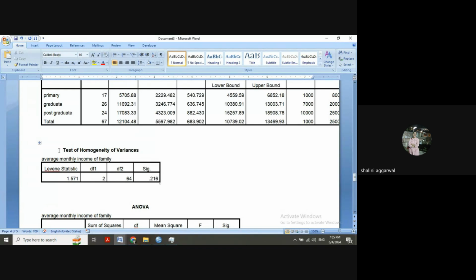Now, just look at this here. Again, what you have to see, this is the Levene's statistics. Like in the t-test, we have seen the Levene's statistics, again we will be seeing it here. What do you see here? Here, the p-value is greater than 0.05.